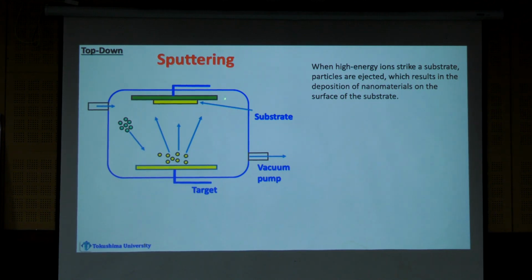Because when RF sputtering is used, high energy ions are created. Thermal energy cannot create ions, but this sputtering creates ions and they strike the substrate.